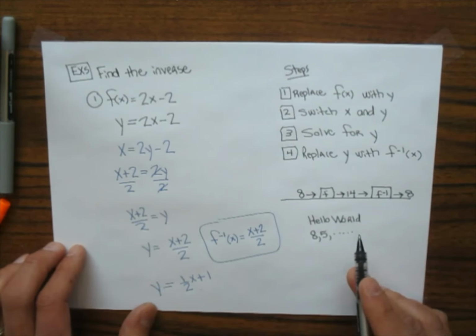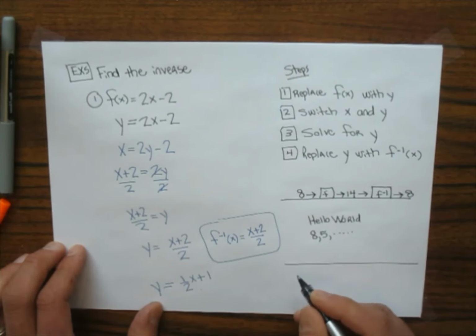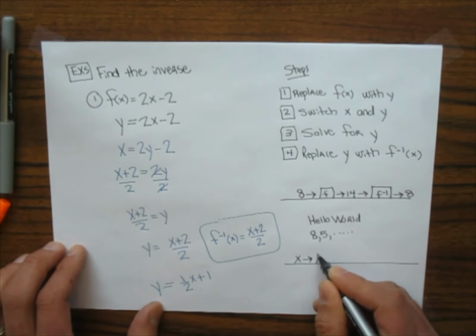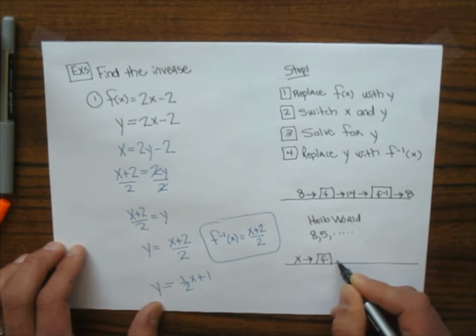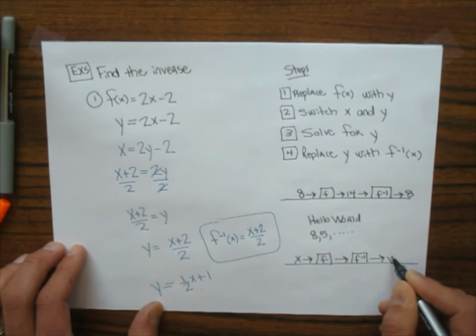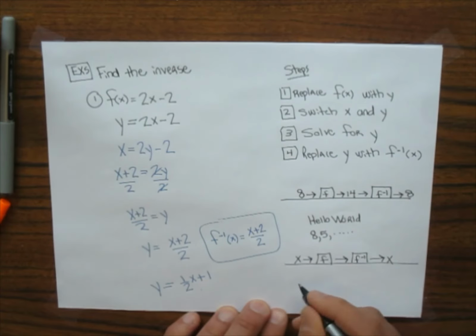And so you can just take any number, put it in there, put it in the inverse, and it gives you the same number. So what some teachers and books say is that, well, this is a composition.